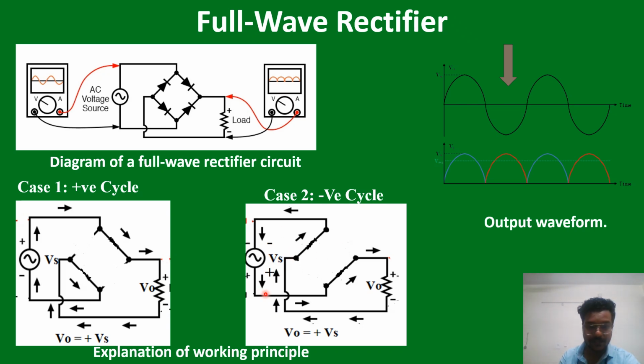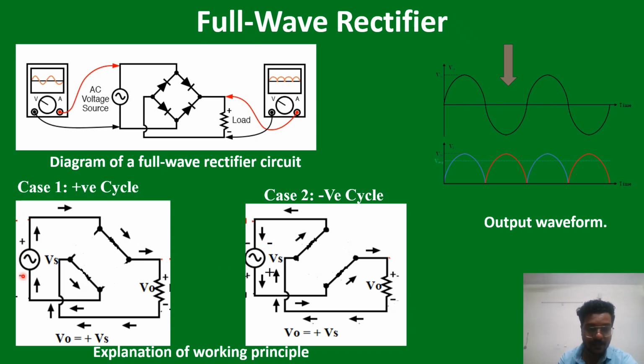In this equivalent circuit, the positive terminal of the source is connected to the positive terminal of the load and the negative terminal of the source is connected to the negative terminal of the load. So we observe that when the polarity of the source gets reversed, the circuit structure manages itself in such a way that positive terminals remain connected to positive and negative terminal is connected to negative of the input supply.